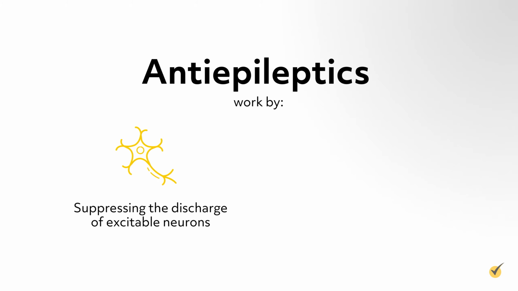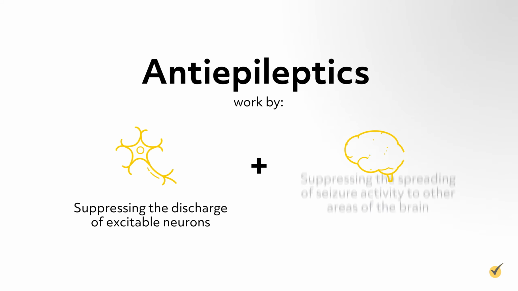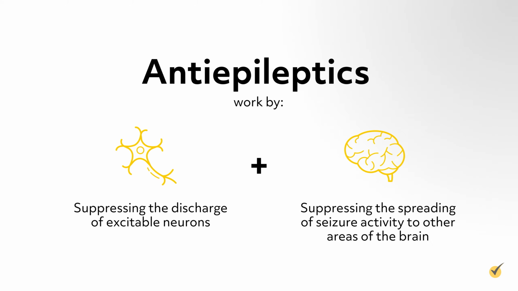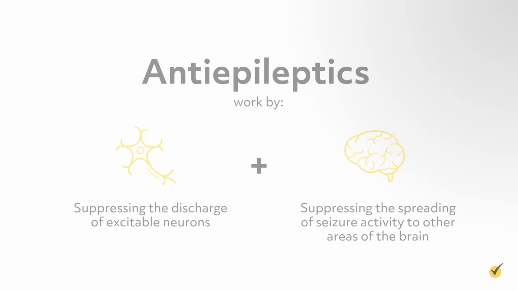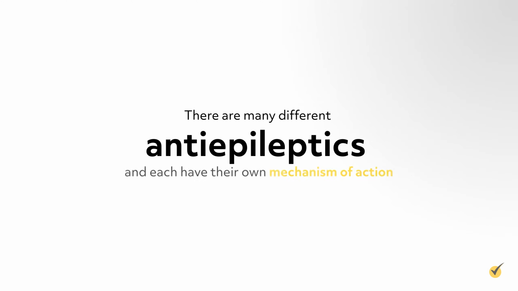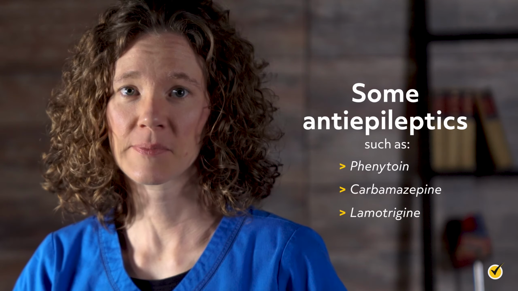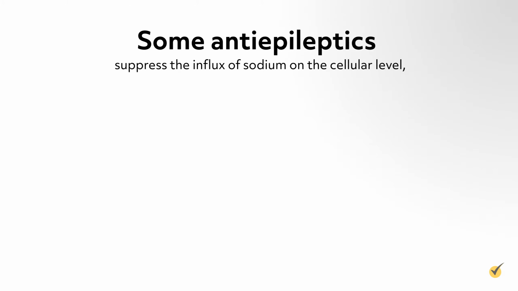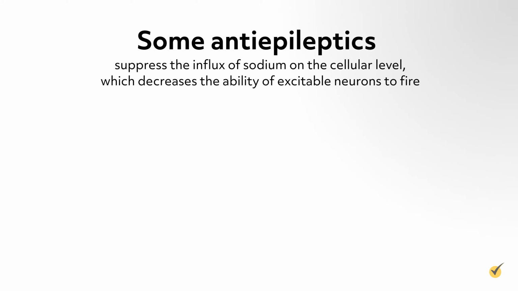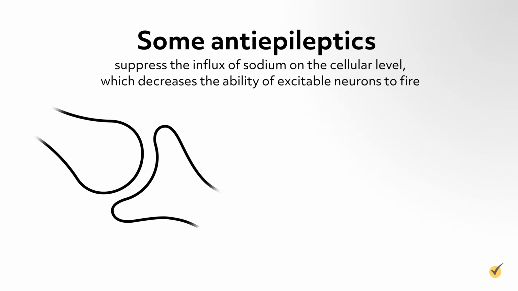Antiepileptics work by suppressing the discharge of excitable neurons and the spreading of seizure activity to other areas of the brain. There are many different antiepileptics and each have their own mechanism of action. Some antiepileptics, such as phenytoin, carbamazepine, and lamotrigine, suppress the influx of sodium on the cellular level, which decreases the ability of excitable neurons to fire.